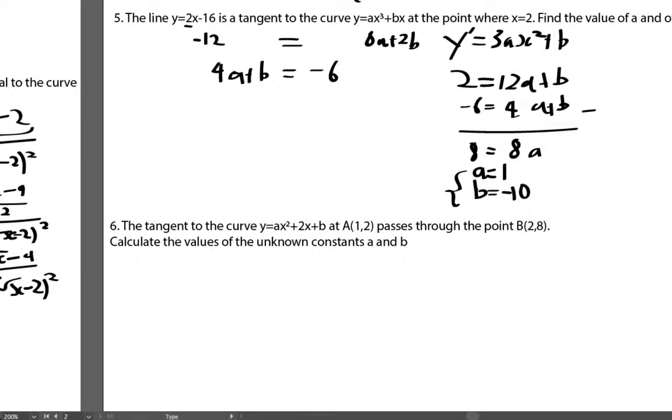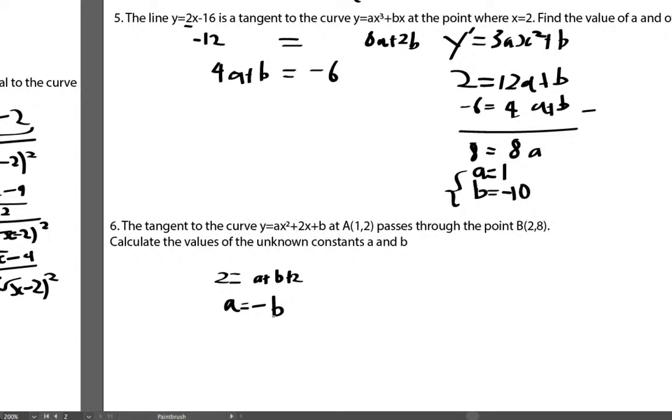So let's put the numbers in. y is 2, equals, x is 1, so a plus b plus 2. So a is negative b. Well, that's quick. Somehow I figured out a quicker way, but we won't need to care about that.